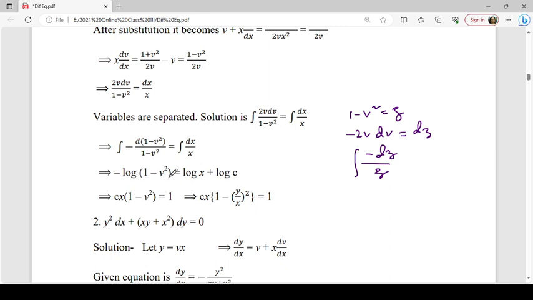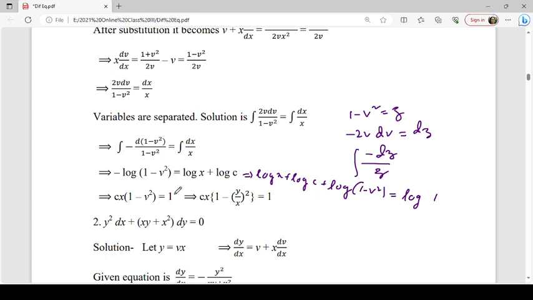So log of 1 minus v square we take to right hand side, then this implies log x plus log c plus log (1 minus v square) is equal to 0. 0 means it is log 1. So remove all these logs, this becomes the product cx into (1 minus v square), and right hand side is 1.